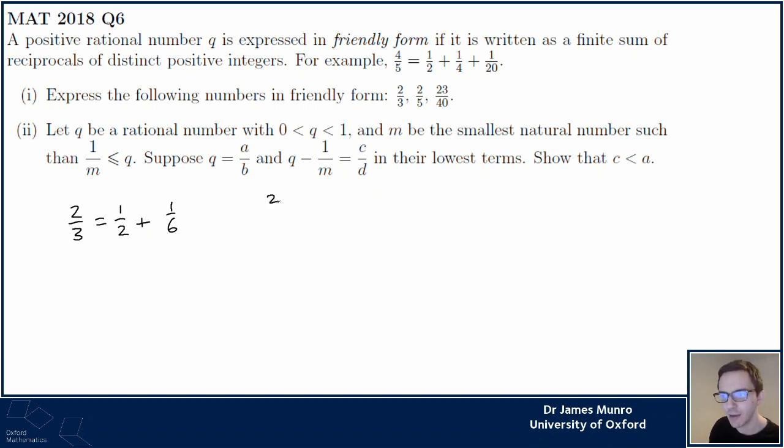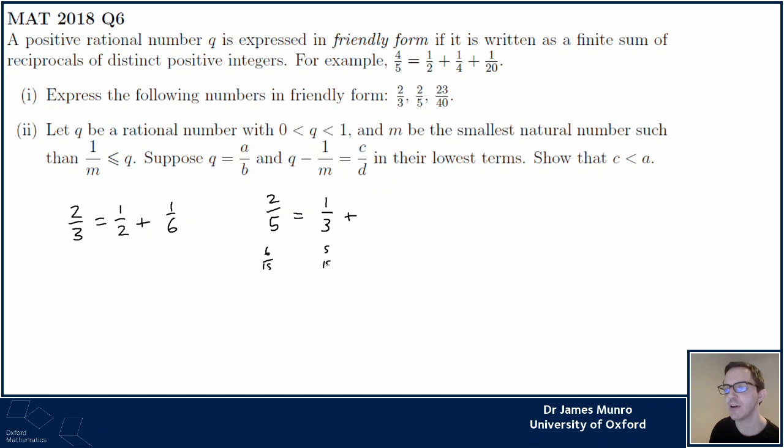Okay. 2/5 is less than 1/2. Maybe I should think about 1/3. Is it bigger than a third? It's bigger than a third. Maybe I should take off 1/3 and go from there. So this is 1/3. This was how many 15ths? This was 6/15ths.